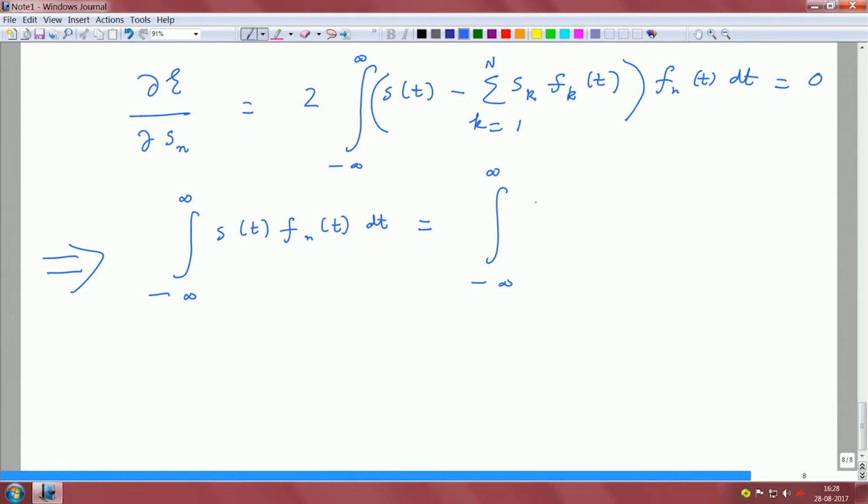So, basically I will write it in this form. This is going to be, so you are going to have an S k S n essentially, and this is basically F n square dt, right.